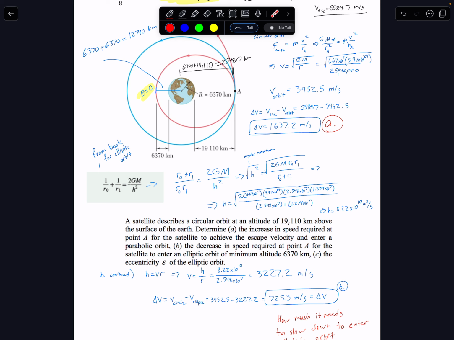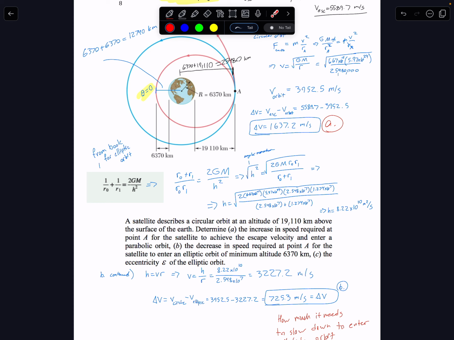I'm totally blanking on why. Oh, yes, sorry. We are doing this to figure out how fast it needs to be going and get a velocity to be in the elliptical orbit.